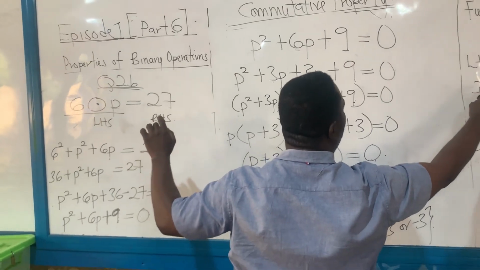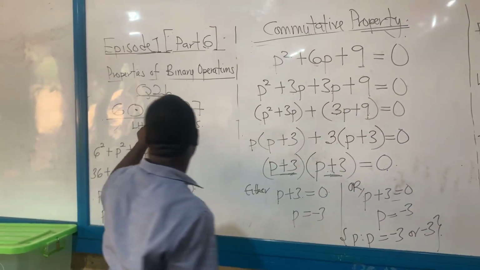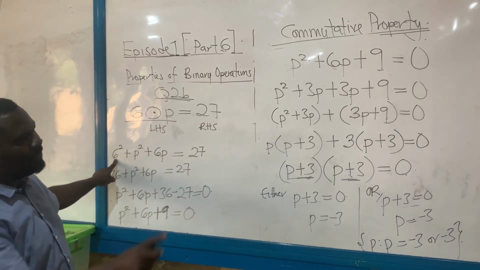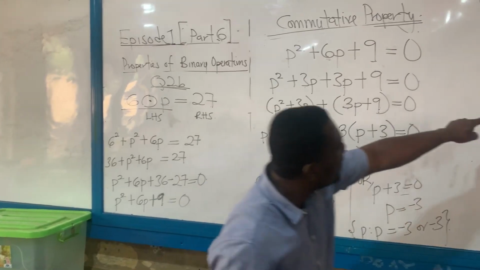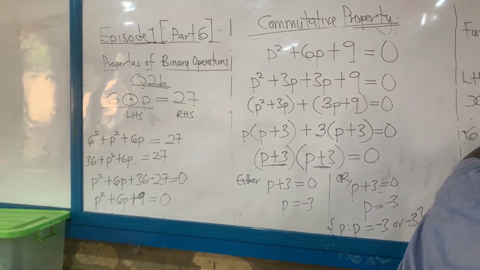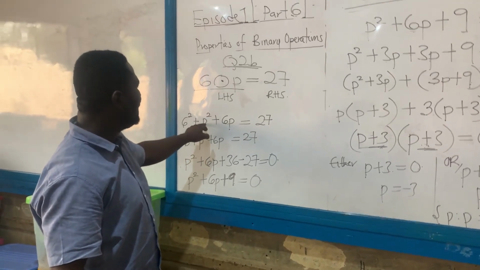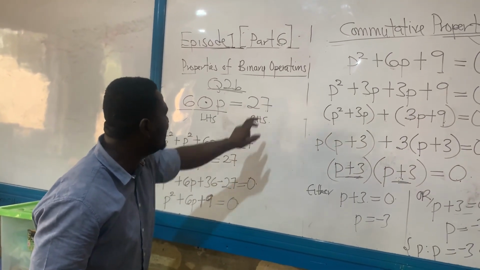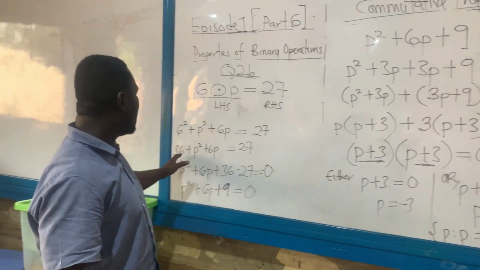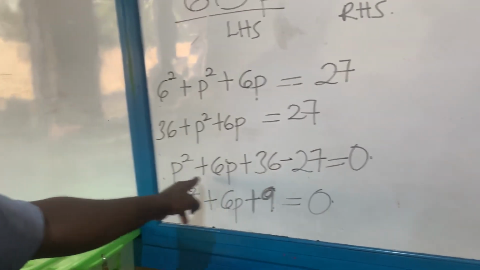So our x is 6 and our y in this question is P. When you substitute 6 and P into the equation, you get 6 squared plus P squared plus 6P equal to 27.